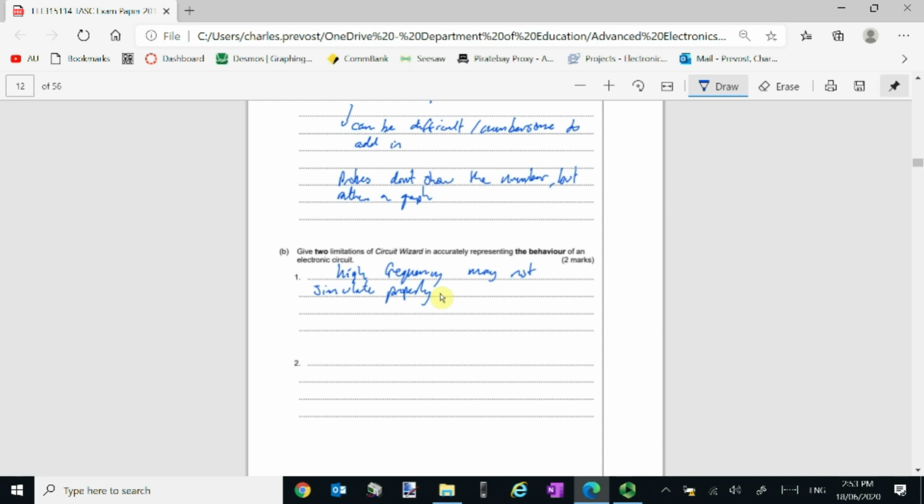And so high frequency circuits, so if we had a circuit like an astable that was switching faster than the simulation step time, then it may not simulate properly. The other thing is that these components are ideal or perfect. So may not give an accurate representation in some cases.